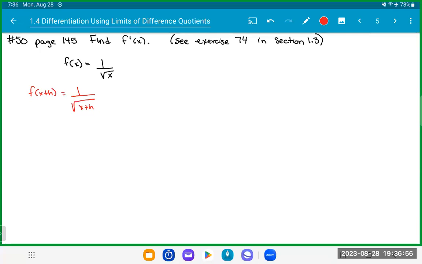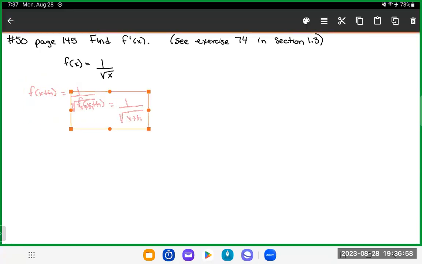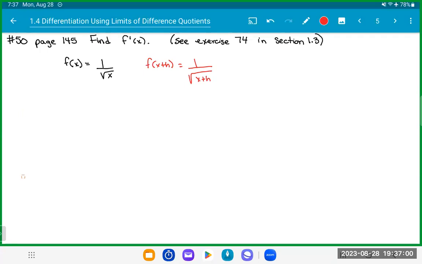So that means that when we're trying to do our f of x plus h minus f of x over h, that's really just 1 over the square root of x plus h minus 1 over the square root of x, divided by h, okay?